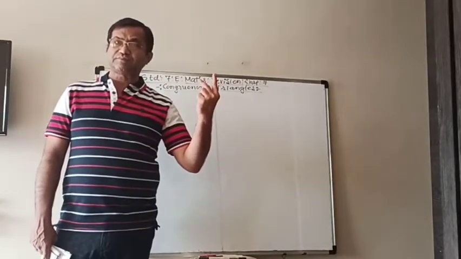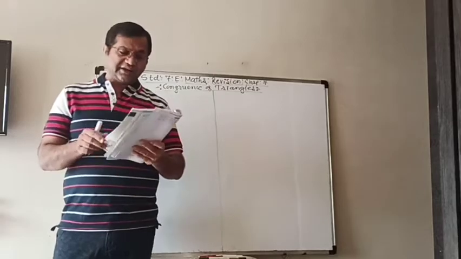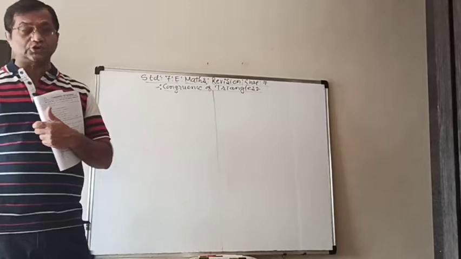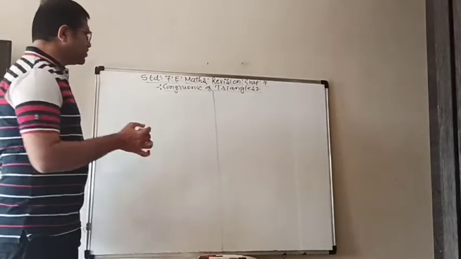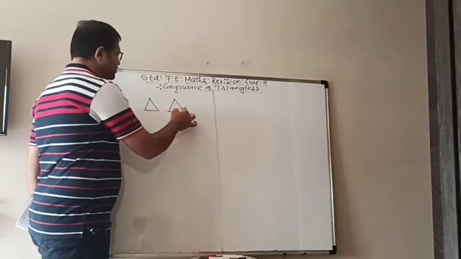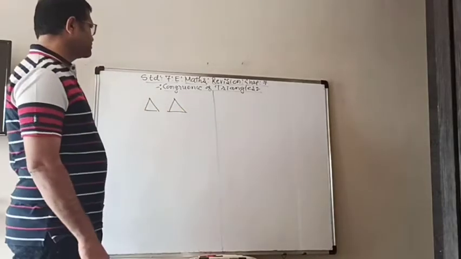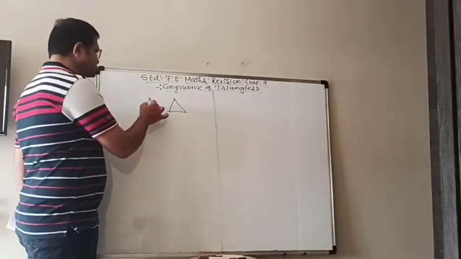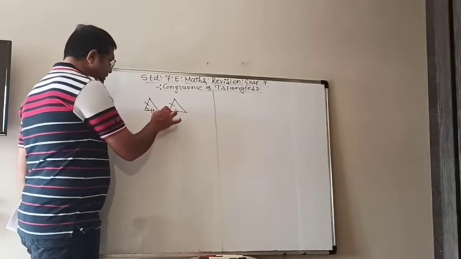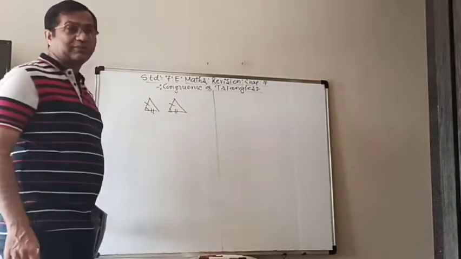The next we learn is the SAS congruent rule, in which we saw that in two triangles, where the correspondence is given, SAS means two sides and the included angle between them.